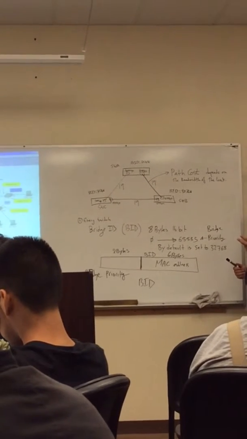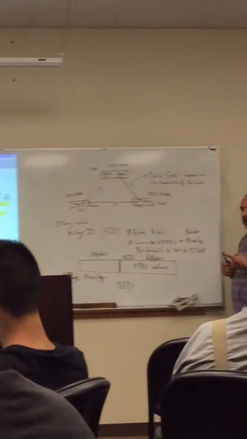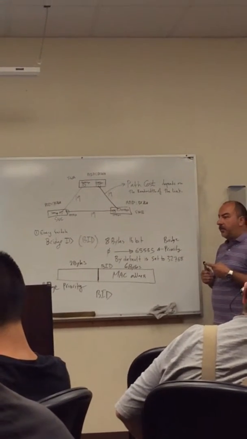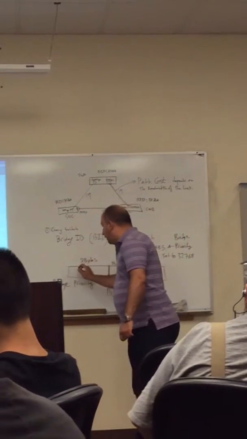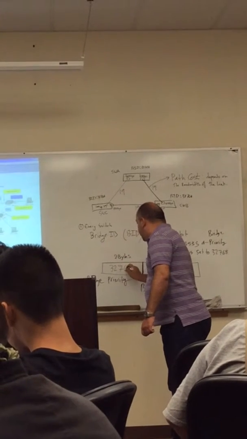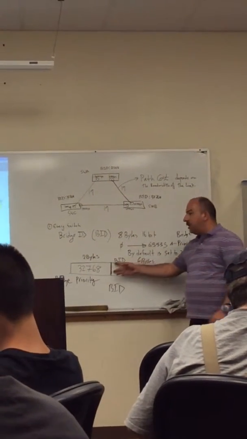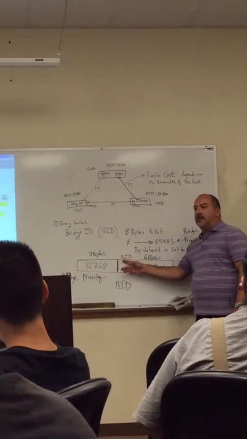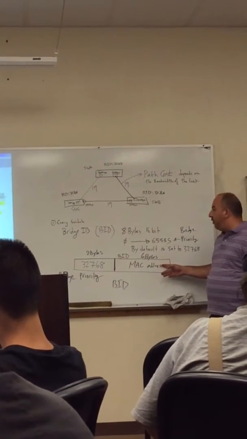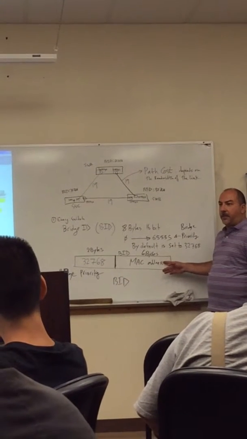One of them is the priority, the bridge priority, which by default is set to 32,768 on all switches when you turn them on. Attached to that, 6 bytes, which is the MAC address of the switch.